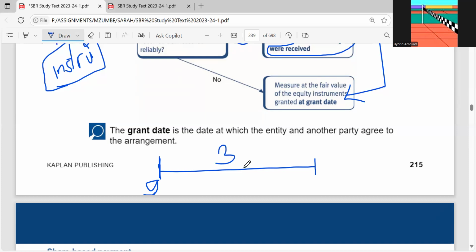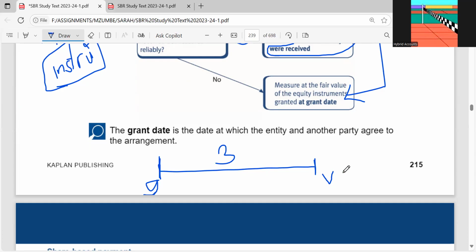So this duration is usually called the vesting period. And at the end of the 3 years, we call this the vesting date. It means after 3 years, what has been recognized in the books is going to be realized. So if you had equity, then you can maybe convert it into shares, in case people have exercised those options, right?